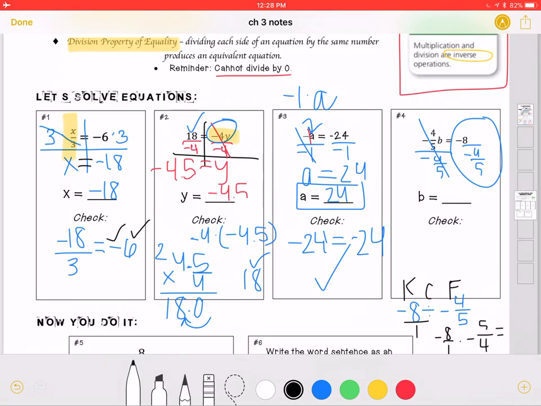And go ahead and evaluate that. Some of you like to cross simplify, which you can do here, and then multiply across. So 2 times 5 should give you 10 over 1, which really just equals 10. A negative times a negative should give you a positive 10.